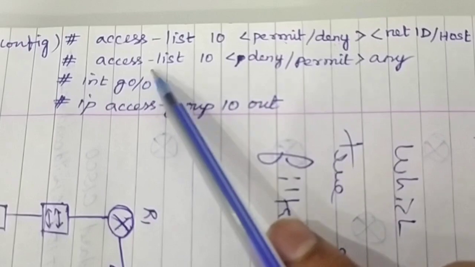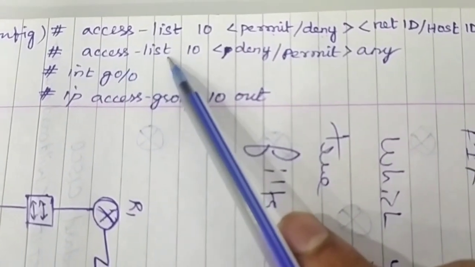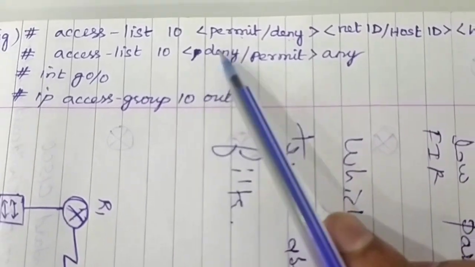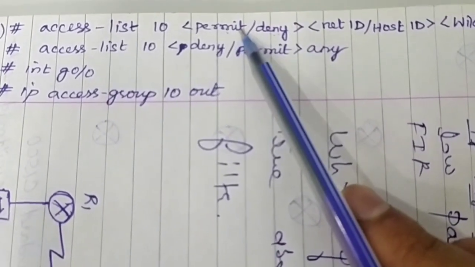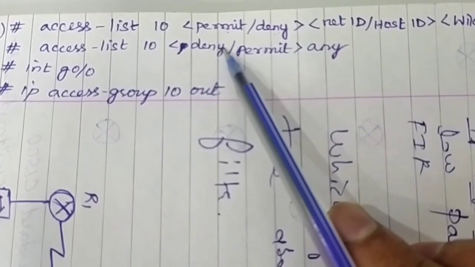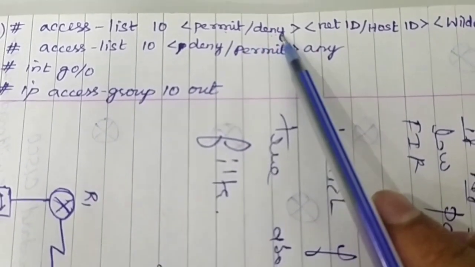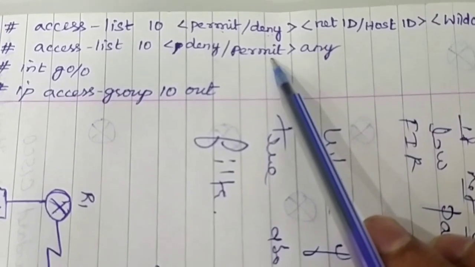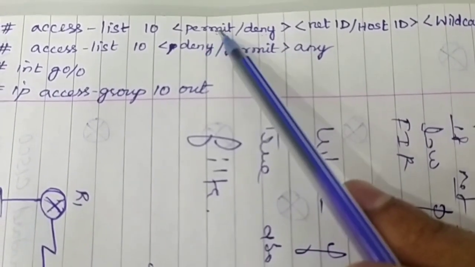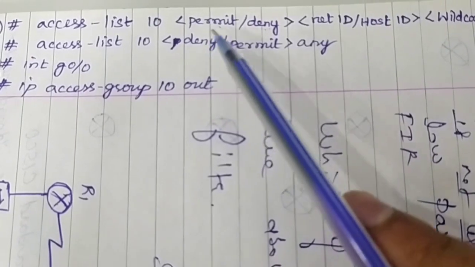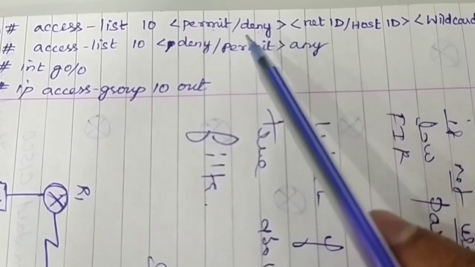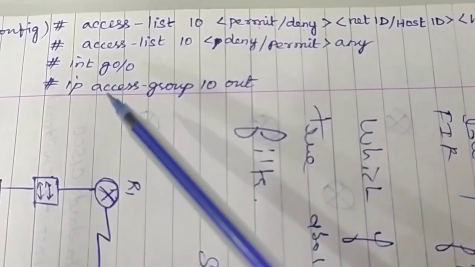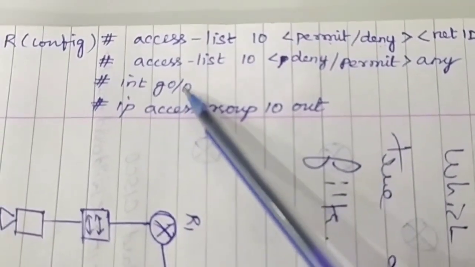The next line command is access-list, space, that access list number, 10. If you give permit in the first line, then in the next line you need to give deny. If you give deny in the first line, then in the next line you have to give permit. Remember, if the first line is permit, the second line is deny; if the first line is deny, the second line is permit. Permit any. Then go to that particular interface.